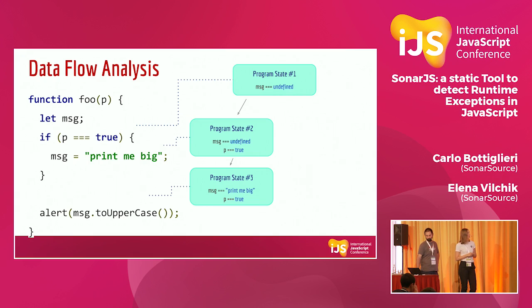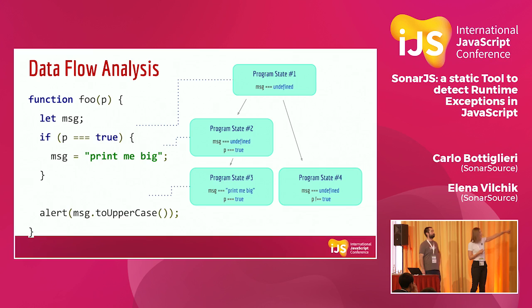Then the most interesting part starts exactly when we are not entering this if clause. We are going straight to this point, as the control flow graph will point us, with the value undefined because we didn't execute the assignment.